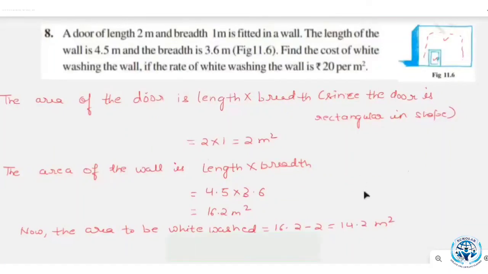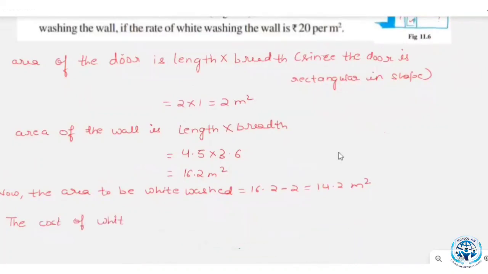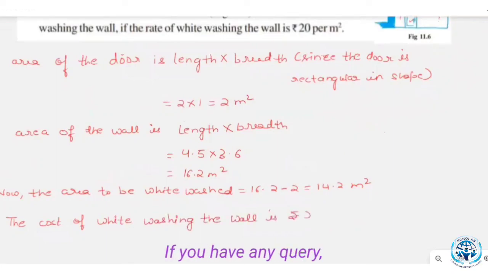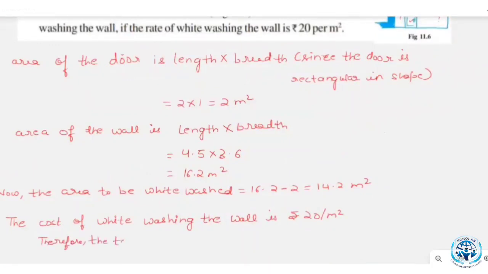So we will subtract the area of the door from the area of the wall to find out the actual area to be whitewashed. That means the remaining area of the wall. 16.2 minus 2 is 14.2 meters square. The cost of whitewashing the wall is given as 20 per meter square. So the total cost of whitewashing will be 14.2 into 20.